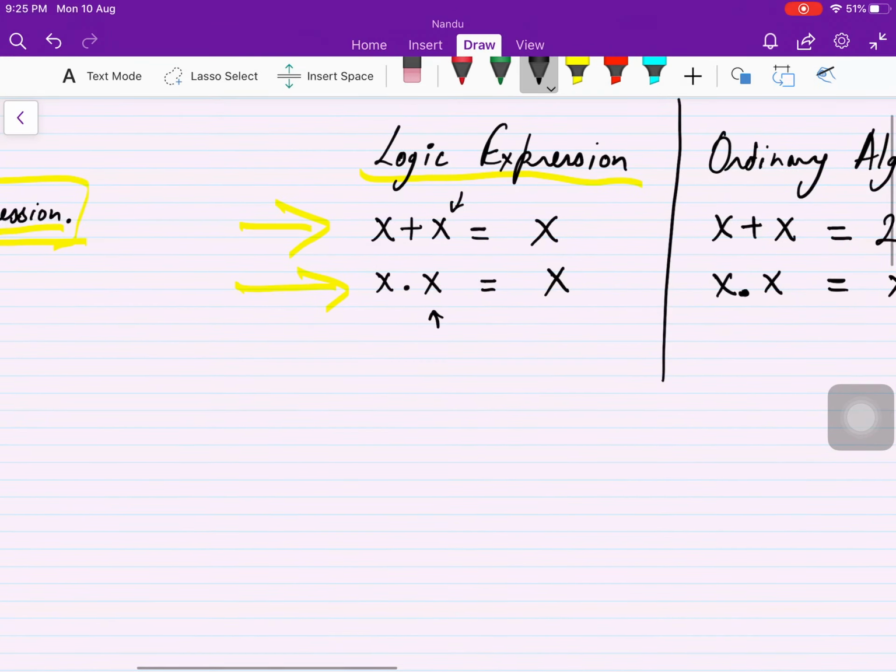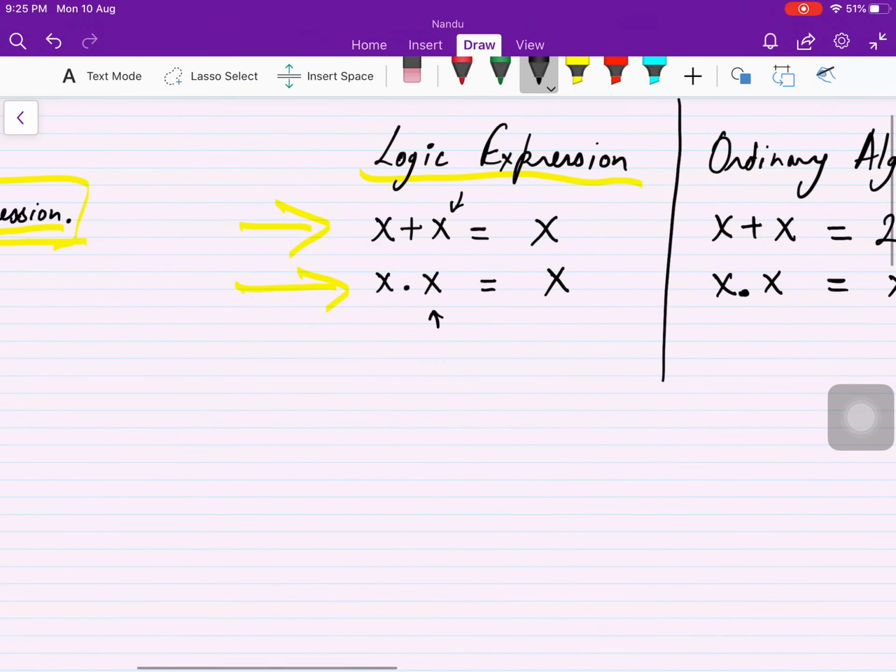Because in Boolean algebra, this x can have value either 1 or 0, correct? So if x plus x is written like 1 plus 1, in Boolean algebra it will be 1. And if x into x is 1 into 1, in Boolean algebra it will also be 1.